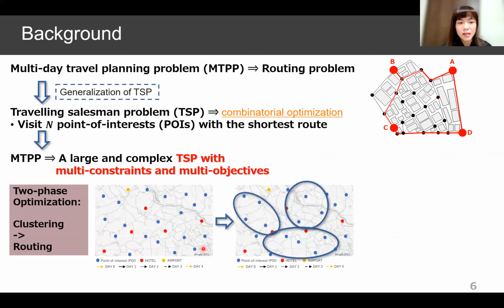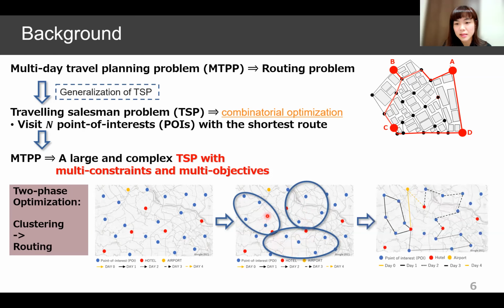In the clustering phase, we decide which POIs and how many POIs we would like to visit each day, so several clusters are generated. After generating the clusters, we solve the routing problem in each cluster one by one, searching for the shortest route among those POIs, and we connect those subroutes one by one. So here we have the complete roadmap.